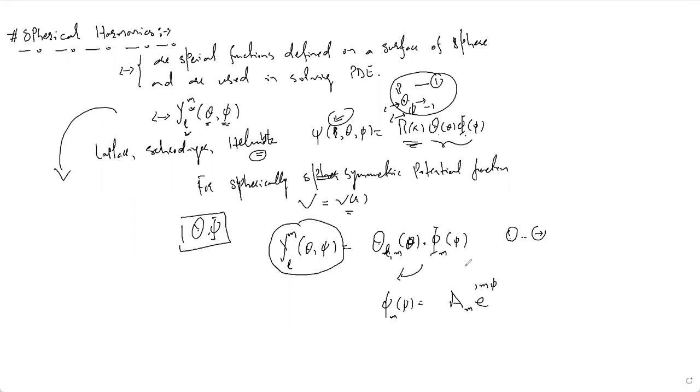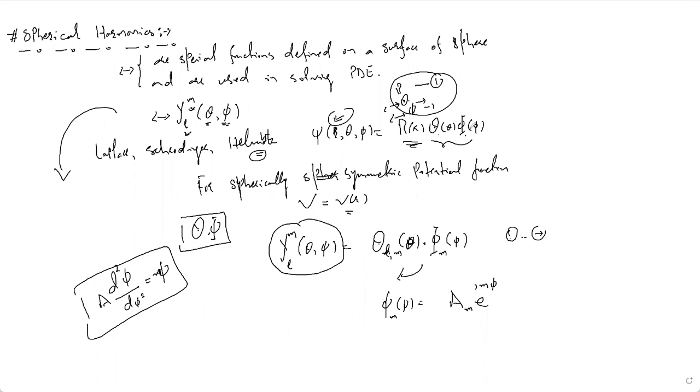If you look at the equation, d2 phi by d phi 2 is equal to some term times phi, m phi or something. When you solve this differential equation, you will get the solution like this.